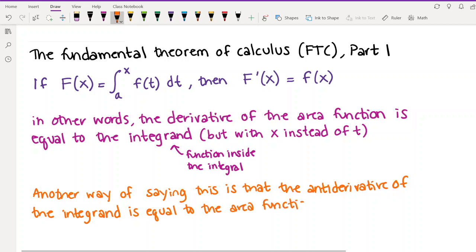And I feel like that's one of those things that might sound kind of confusing, but again, it's just this idea that if one function's the derivative of the other, then you can say the same thing about antiderivatives. It's just backwards. So the derivative of capital F is little f, but with that variable switch. And then similarly, the antiderivative of little f is big F, again, with a variable switch.